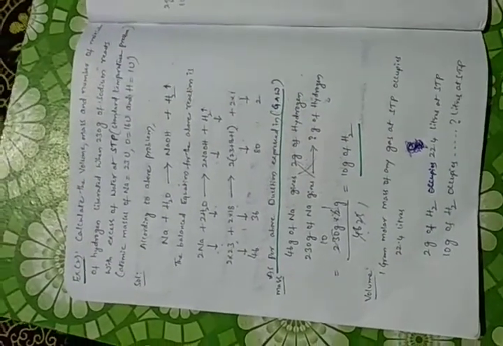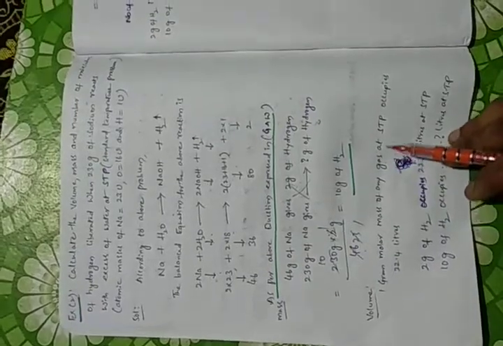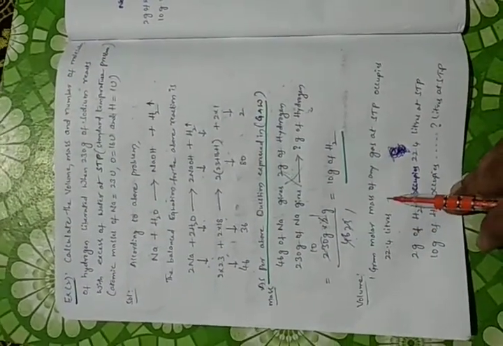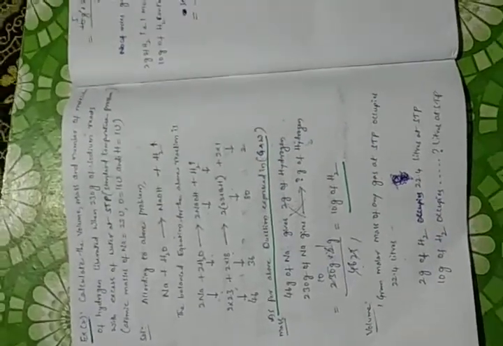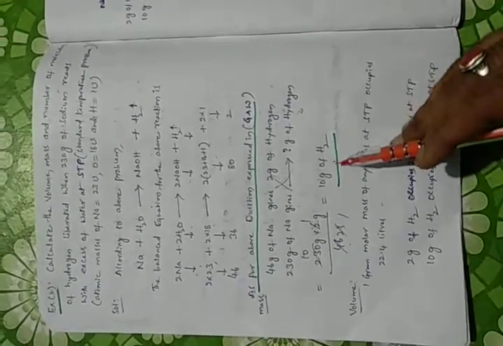Next one, volume. 1 gram molar mass of any gas at STP occupies 22.4 liters. It means 2 grams of hydrogen occupies 22.4 liters at STP. We got 10 grams of hydrogen.